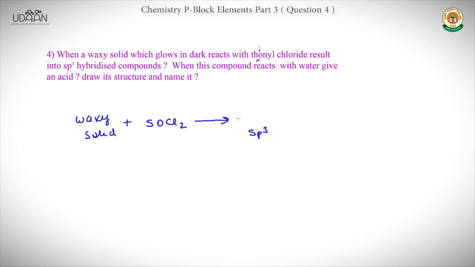Something will be there, and leave this space for that. When this sp3 hybridized compound reacts with water, H2O, it gives an acid. We have to draw its structure and name it.